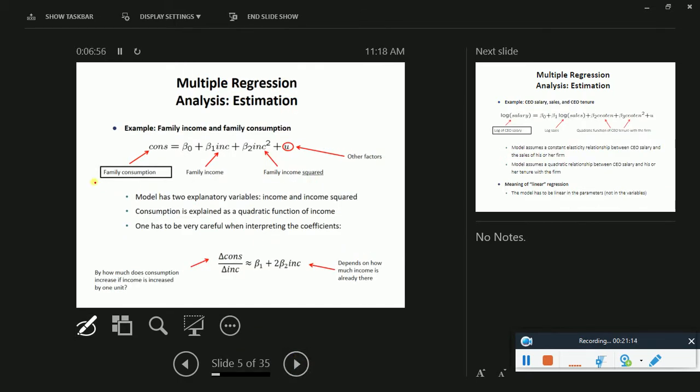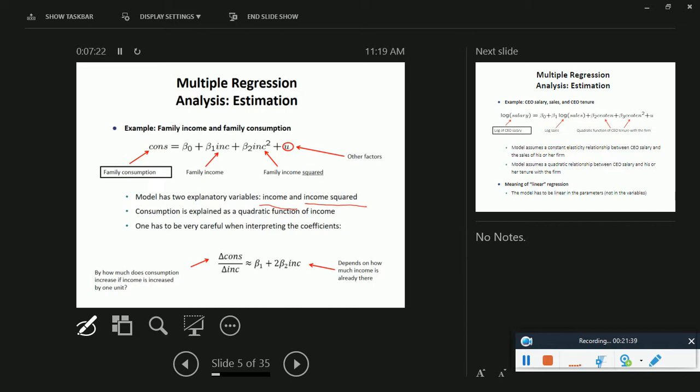Okay, next, if you are looking here, we also have an income squared term in this estimation method. So family income and family consumption. They have income squared. So the model has two explanatory variables. We have income and income squared, right?